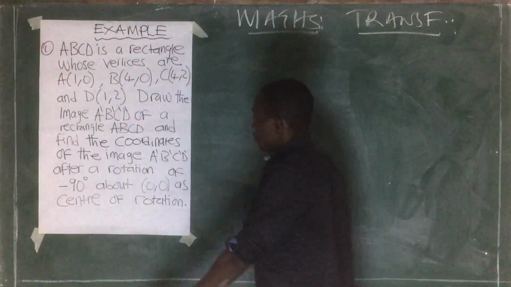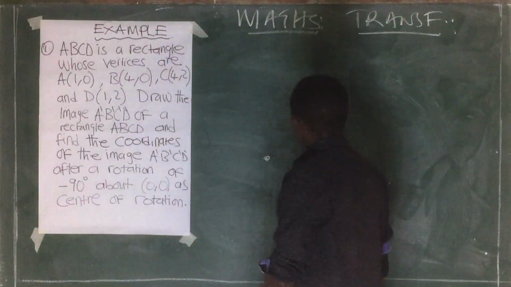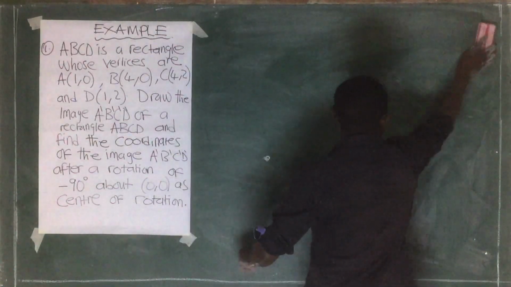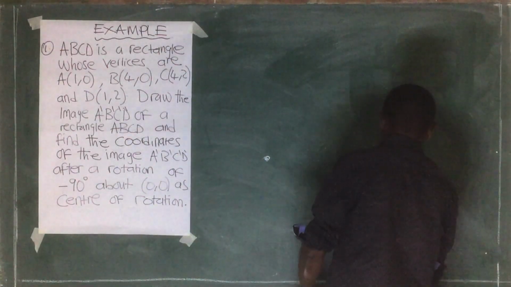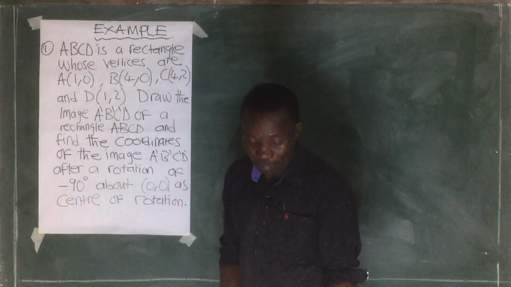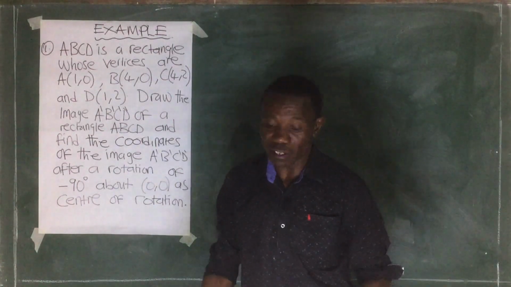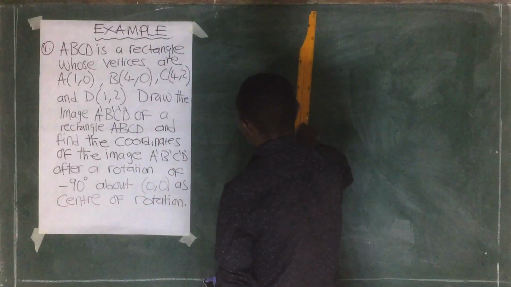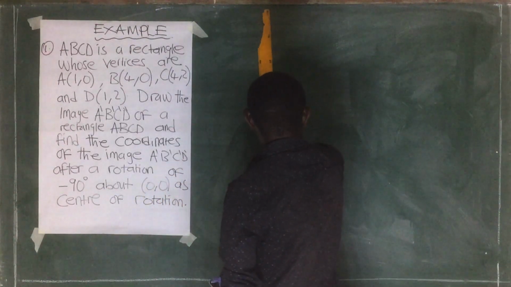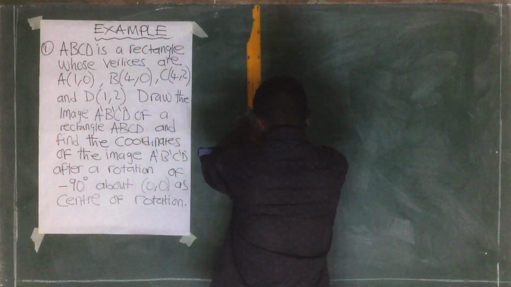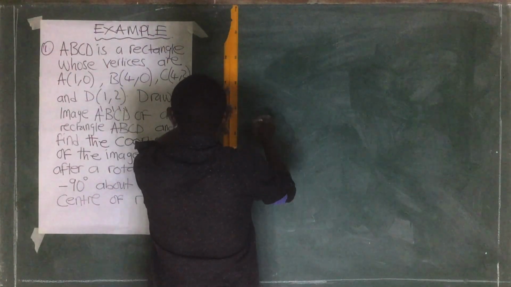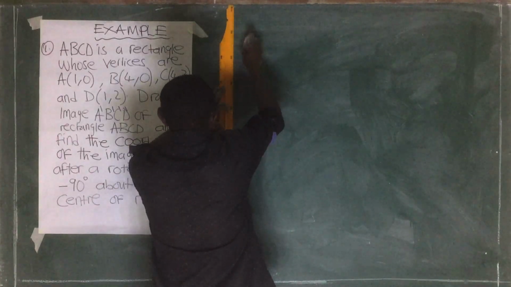Now, let's start the activity. I don't have the graph paper, and in your case, if you have it, please utilize it. But if you also don't have it, let's just have a sketch where we only need to draw the y and x axes, representing the lines crossing each other vertically and horizontally.